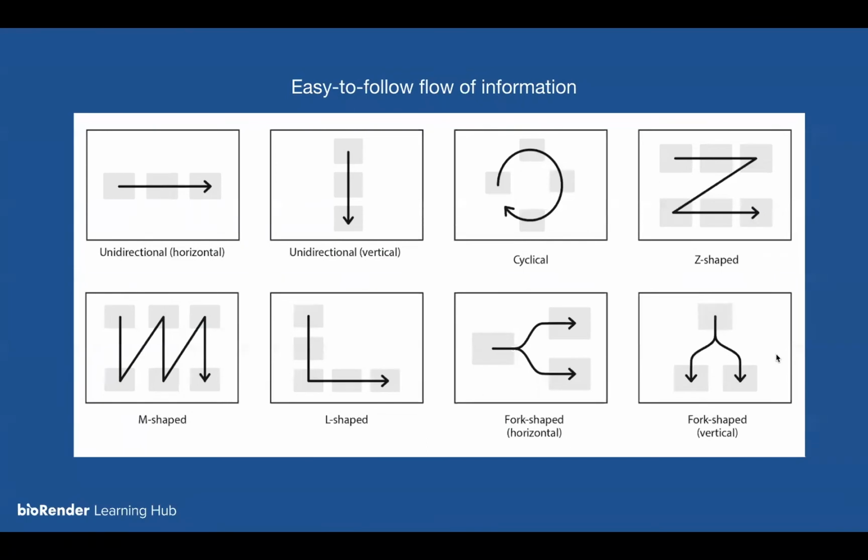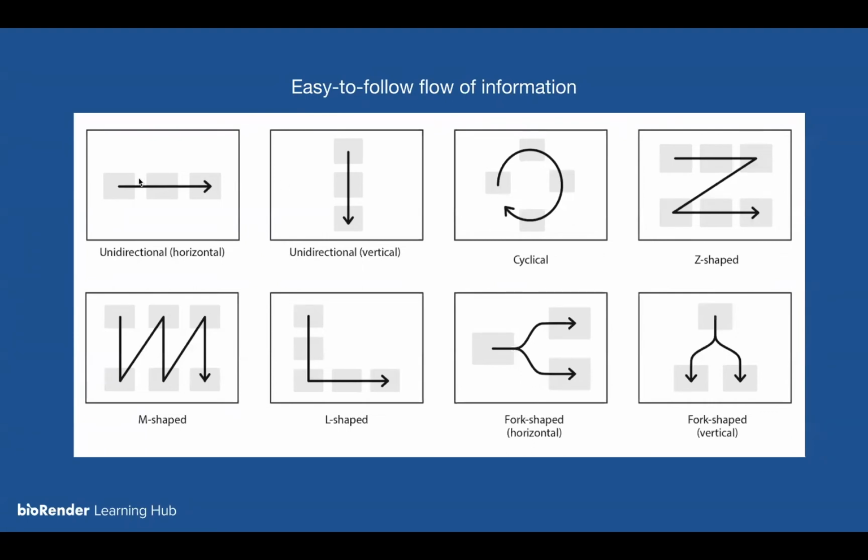So here's an example going back to sort of that idea of flow. Basically, any composition that you come across can be deduced into one of these 8 compositions, or layouts, we call them.